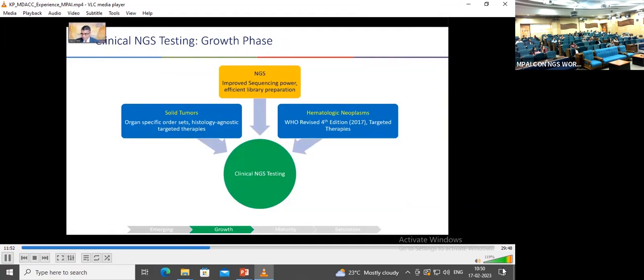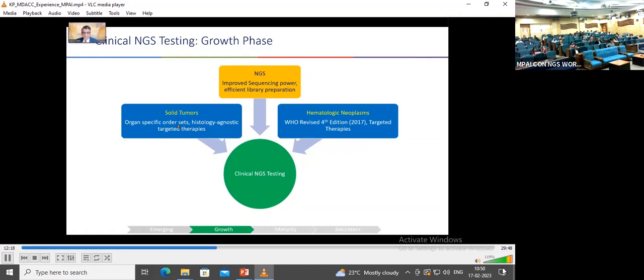Having found the use of this technology, the growth phase was defined essentially by continued expansion in solid tumors, with a lot of histology agnostic clinical trials such as NCI MATCH, TAPUR trials, and others coming in, where biomarkers were essentially directly driving treatment decisions without histologic considerations.